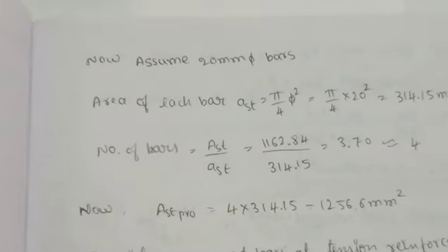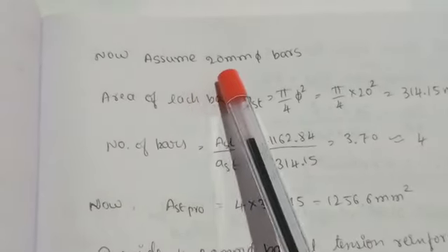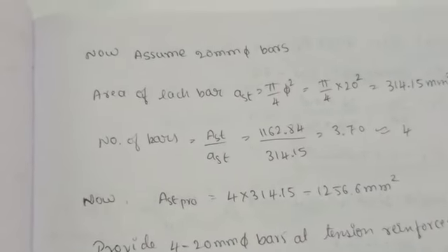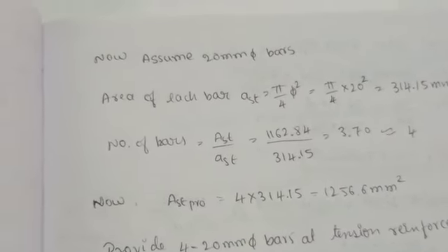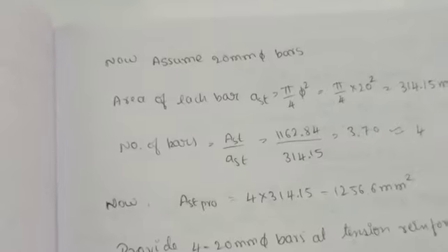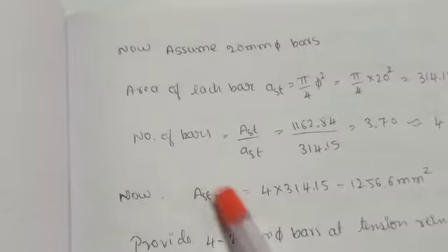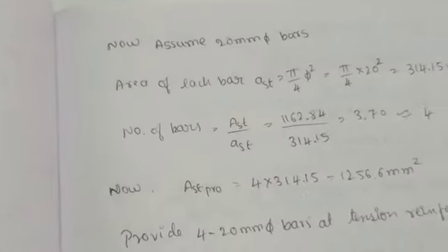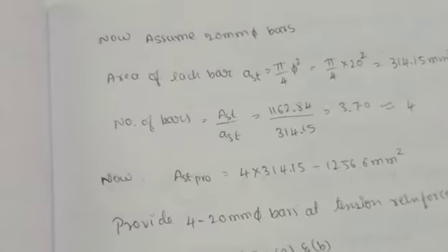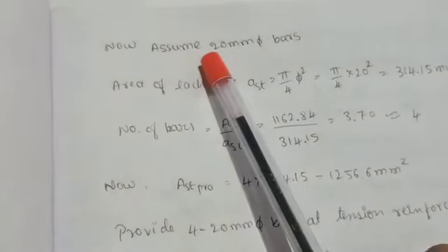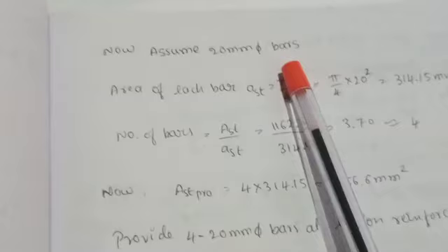I am assuming 20 mm diameter bars. To calculate the number of bars required to carry this area of steel, I am assuming 20 mm. You are free to assume any diameter of bar. I am taking 20 mm.